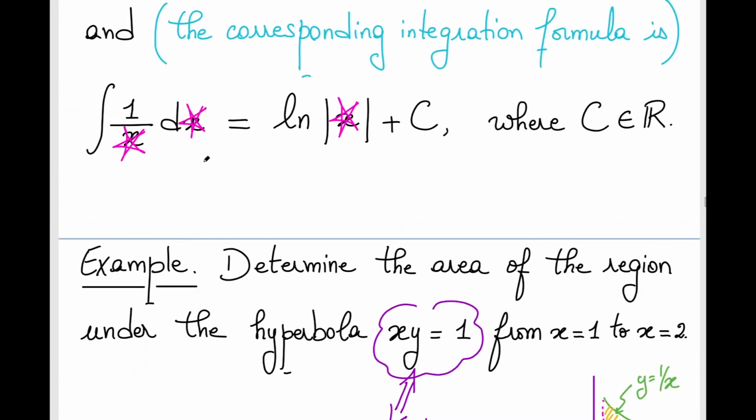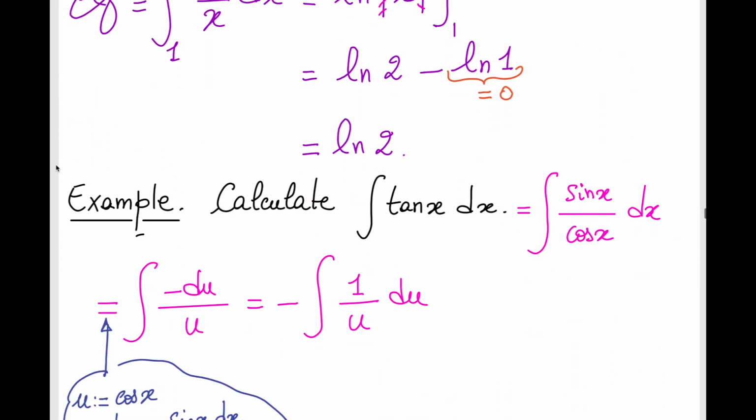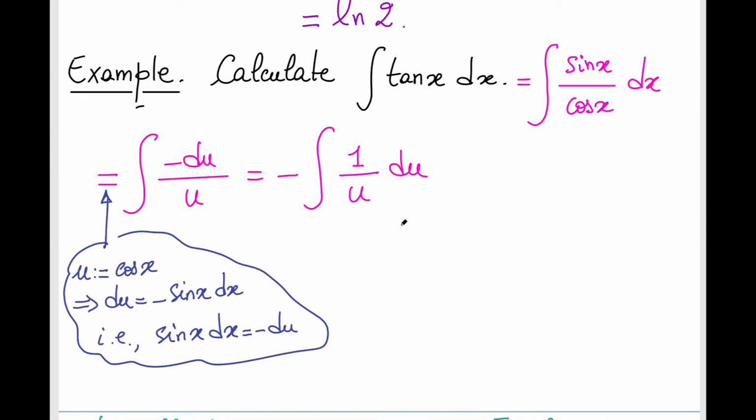Let's give this a name: double asterisk. And we get that this is equal to minus ln of the absolute value of u plus a constant. Excellent. And what's u? U is cosine of x, right?